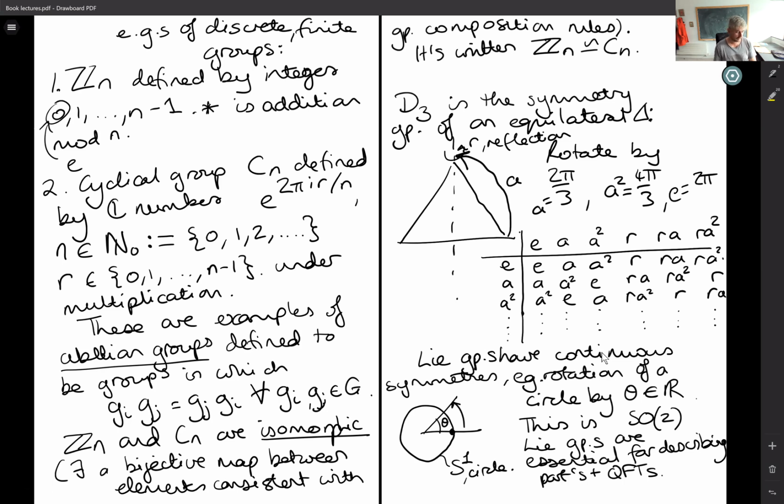And I should point out that when we do this group composition, every element that we get by composing one element of the group with another, by the group axioms, has to be in the group. Okay, and that property is called group closure. And of course, if we get an element that isn't in the group, then our description of the group is at least incomplete and maybe incorrect.